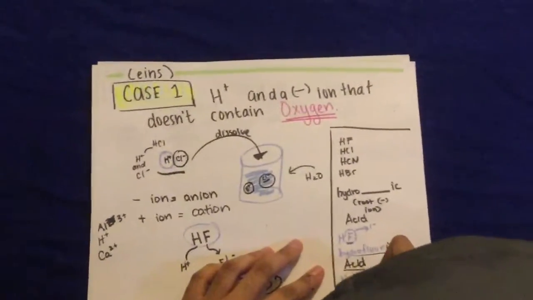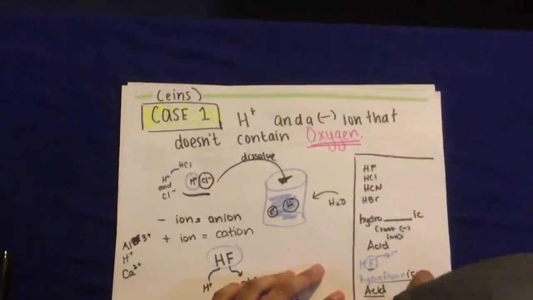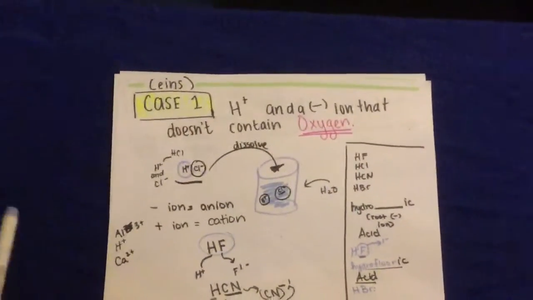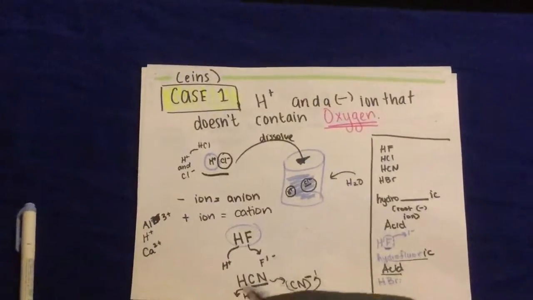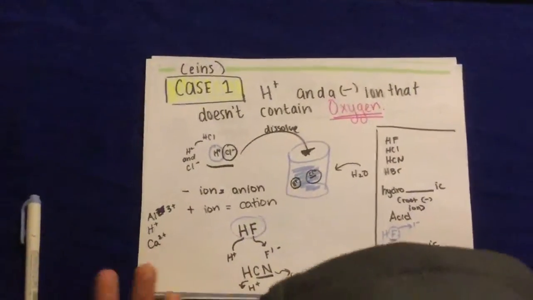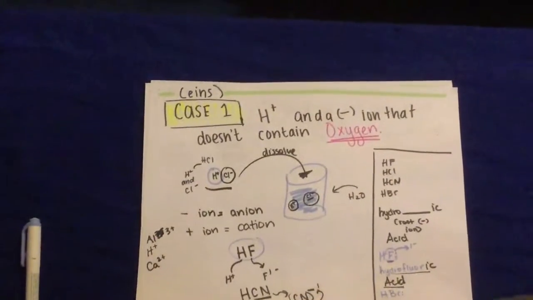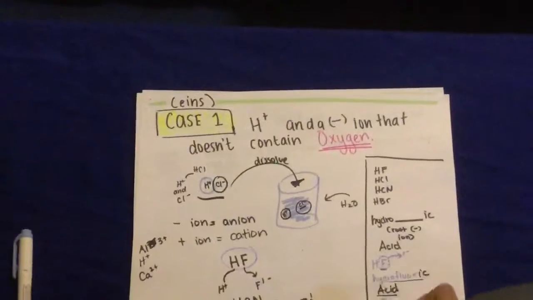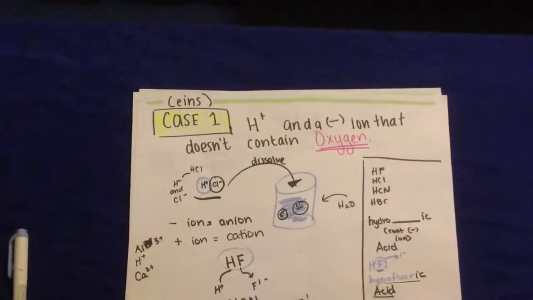So the next thing is, let's try to name HBr, which is basically the exact same thing. Now, before you name your acid, you need to identify which one's a positive ion and which one's a negative ion, and you should know in an acid the H plus is the positive ion, and the other one will be the negative ion. So here H is positive 1, and bromine is negative.